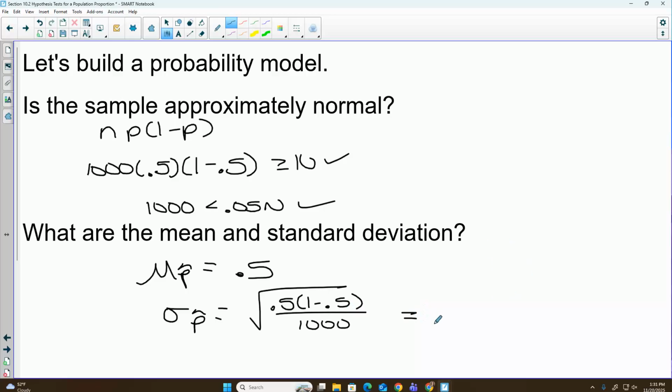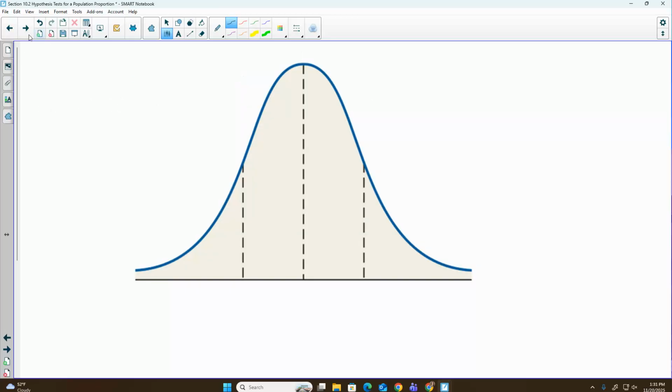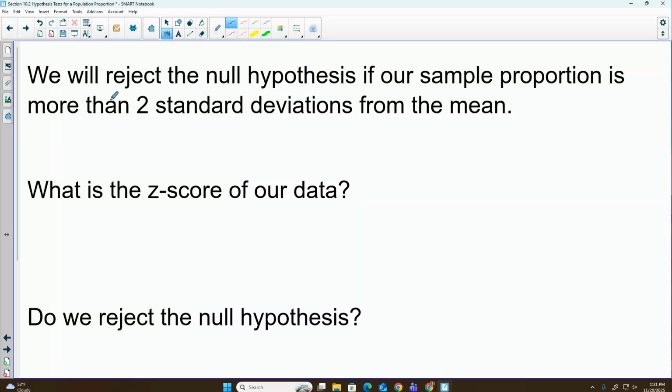Get 0.0158. I'm going to come back to that in a second. We'll reject if it's more than 2 standard deviations from our mean.